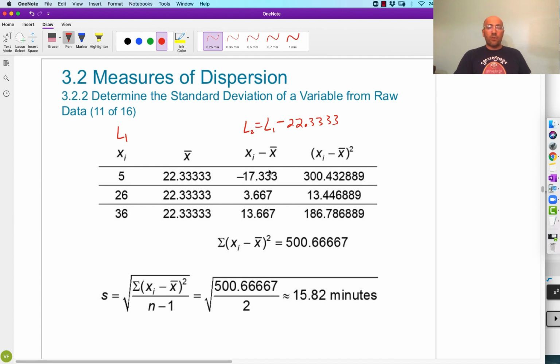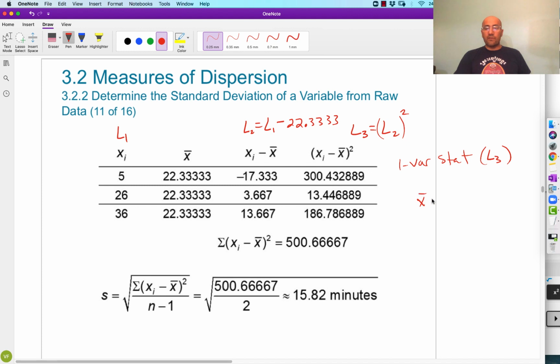And then next, I want to take each one of these results and square them, so I make L3 equal to L2 squared. And that's what goes into here. So we get that, and now we do one var stats on L3. And then that's how we get our whole breakdown.